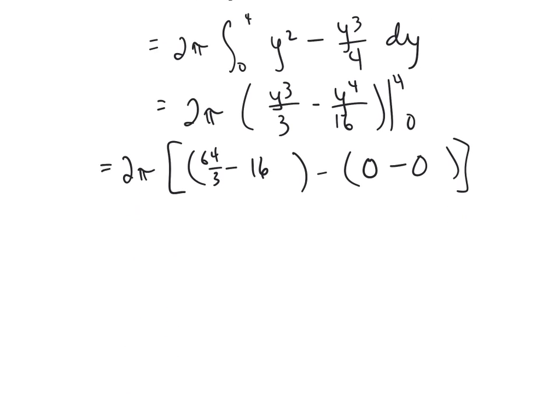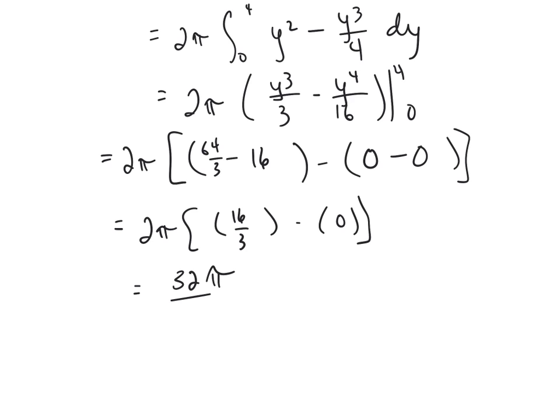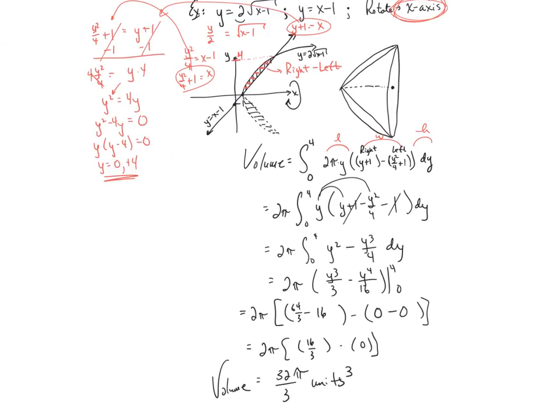And just a little bit more room to do the arithmetic, and we'll call it good. 64 thirds minus 16 is, let's see, 48, 16 thirds. 0 minus 0 is 0. And of course, 16 thirds minus 0 is 16 thirds. So when we multiply by 2 pi, we'd end up with 32 pi over 3 cubic units. And that would then be the volume of the 3-dimensional solid.